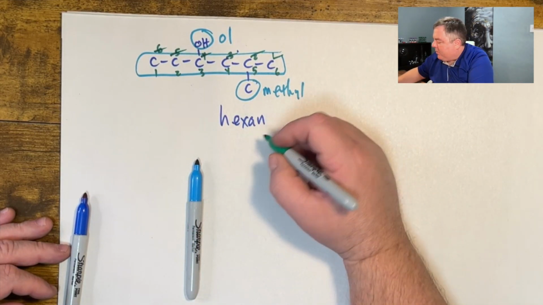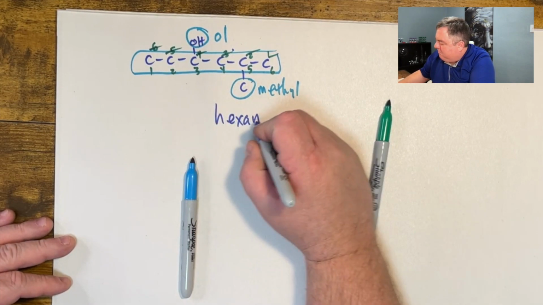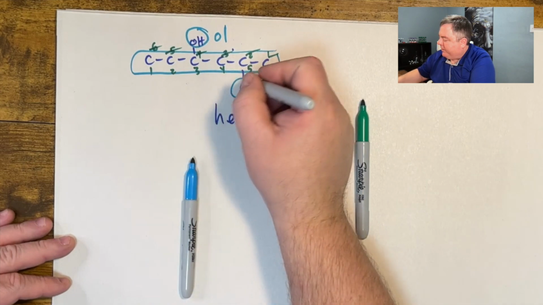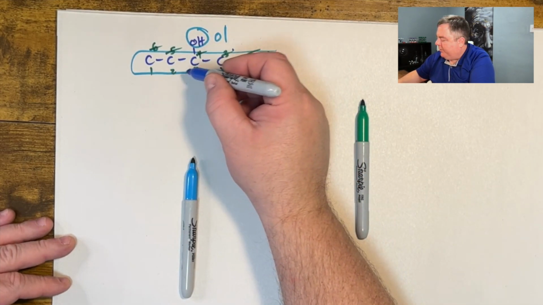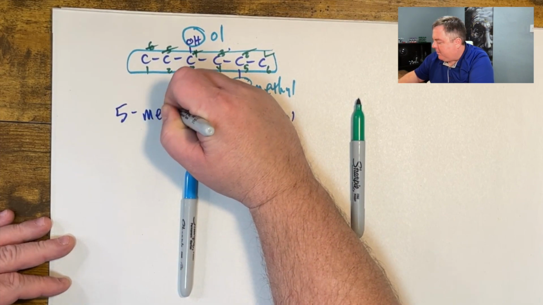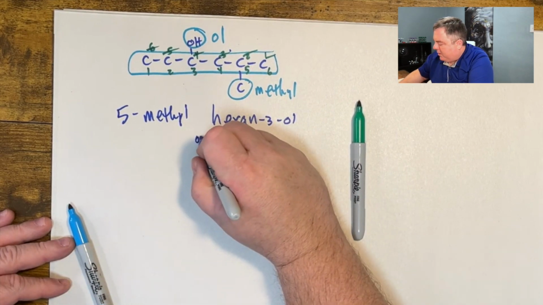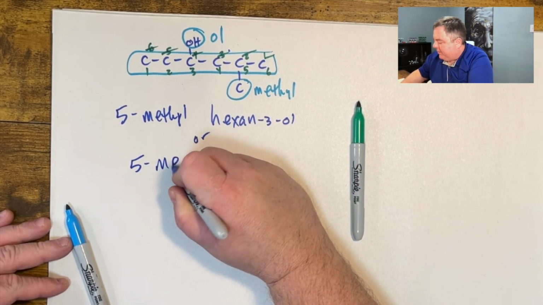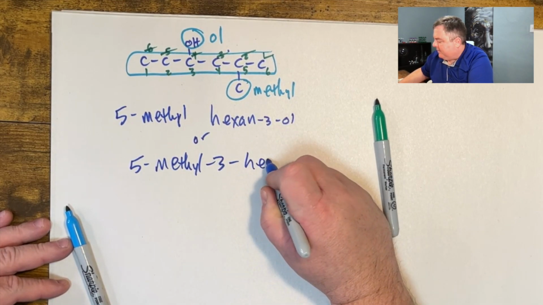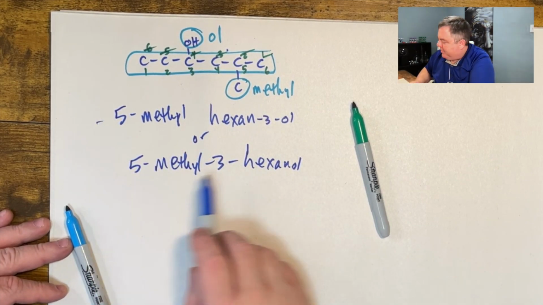So that means the alcohol is on carbon 3. So you can write hexane-3-ol. And the methyl's on carbon 1, 2, 3, 4, 5. So it'd be 5-methylhexane-3-ol, or 5-methyl, you could put the 3 here, 3-hexanol. This is probably better, but they're both really okay.